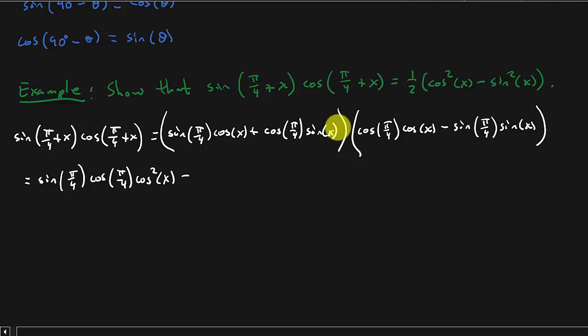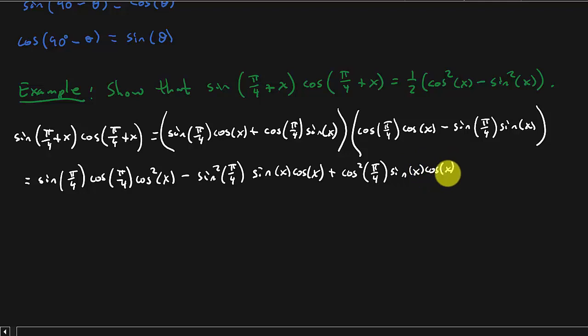And so negative and a positive, that's going to be negative. That's going to be sine squared pi over 4, and then that's going to be, let's see, sine x cosine x. And then the inside, so that's going to be plus cosine squared pi over 4, and that's going to be sine x cosine x.